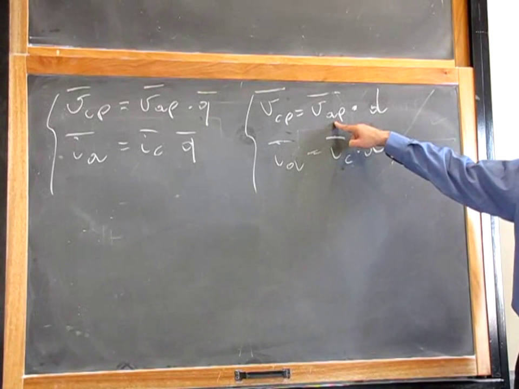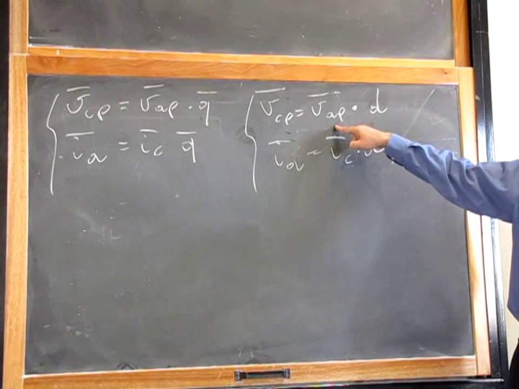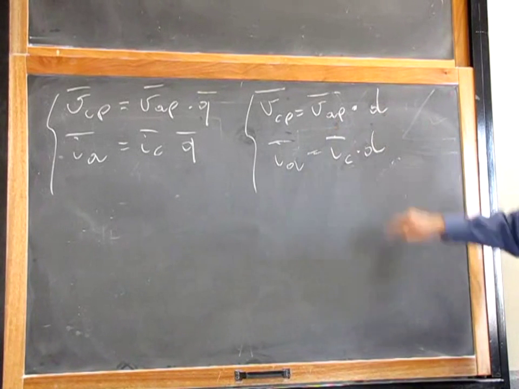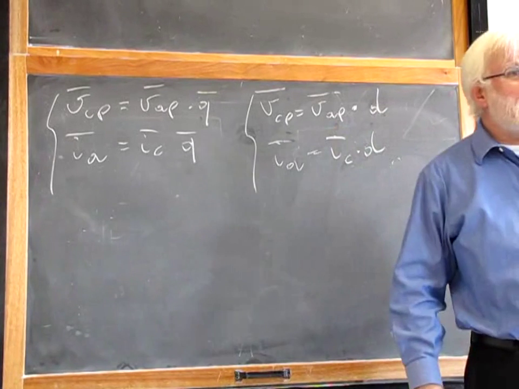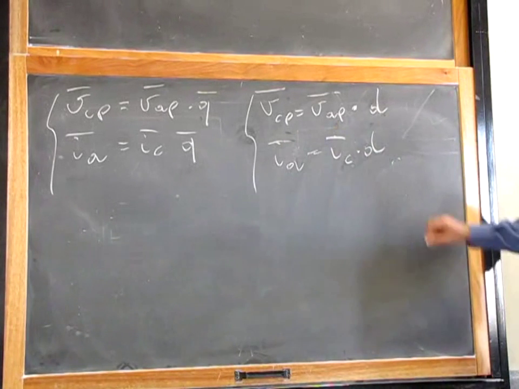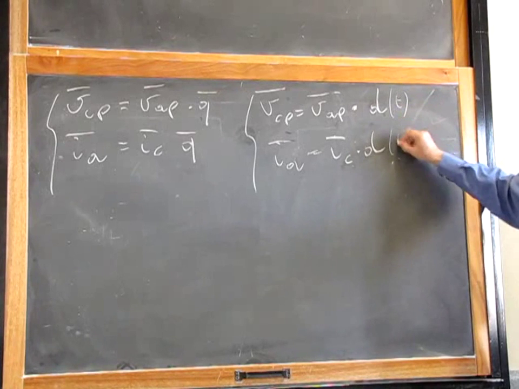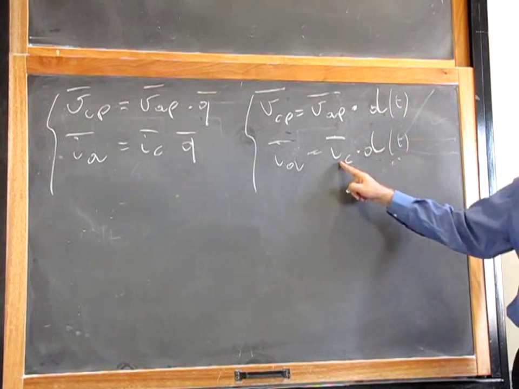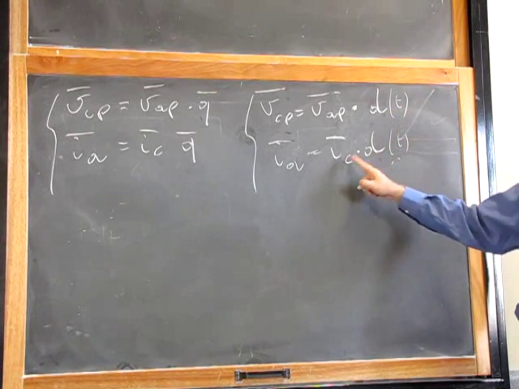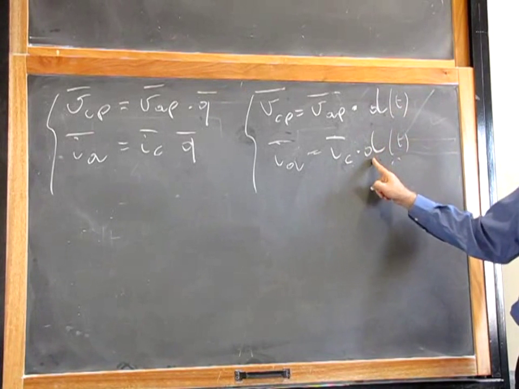VAP in a buck converter is the input voltage. So if the input voltage changes, the average of VAP changes. D is the duty cycle. The duty cycle changes. I should write down, if I wanted to make this point clear, that this is D function of t. So this is a non-linear equation because I have the product of two variables.